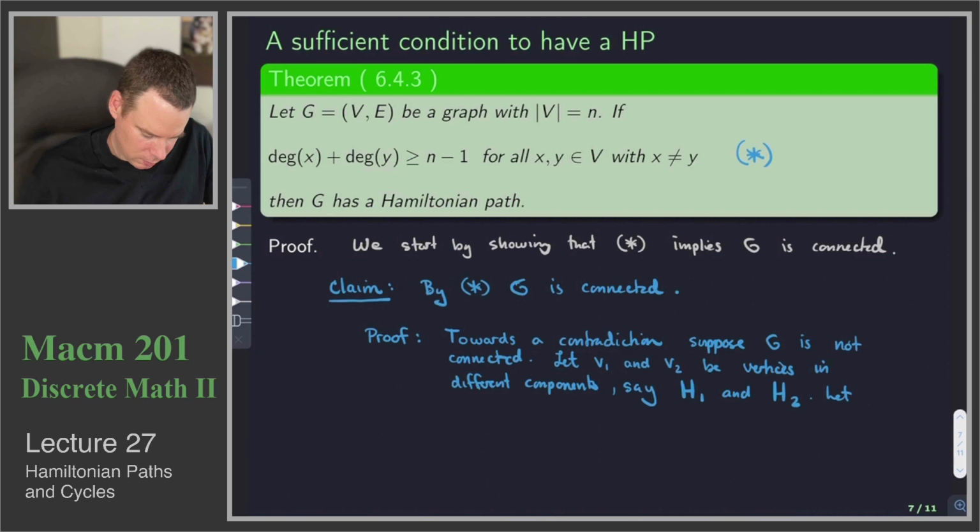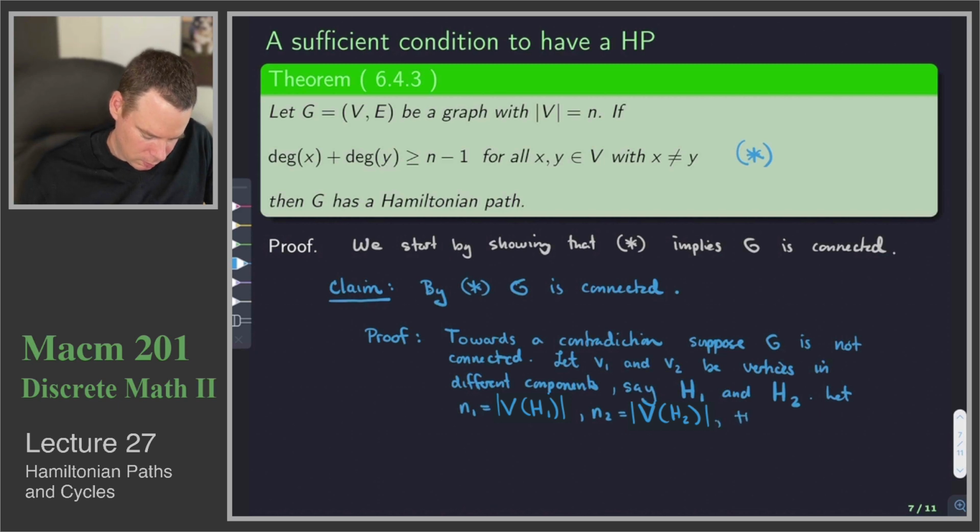Let N1 be the number of vertices, so that'll be V of H1, denoting the number of vertices in the graph H1. And we'll let N2 be the number of vertices in the graph H2.